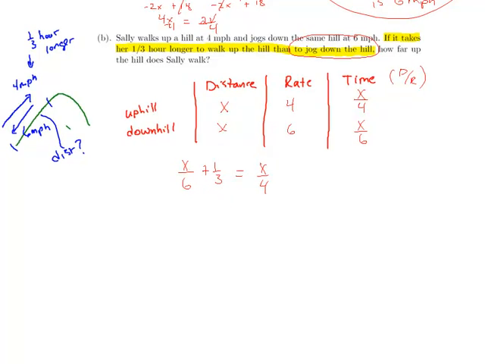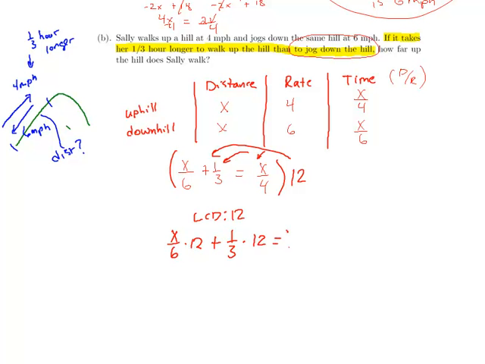To solve it, we find the LCD for this particular equation. The LCD is going to be the smallest number that 6, 3, and 4 all go into, so that would be 12 in our case. So we're going to multiply both sides of this by 12, so distribute 12 to each term. You'll have x over 6 times 12 plus 1/3 times 12 is equal to x over 4 times 12.